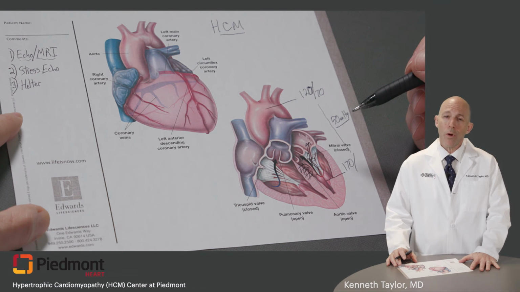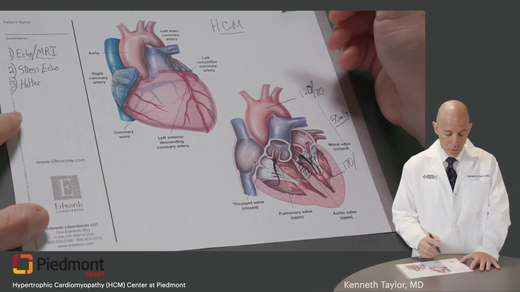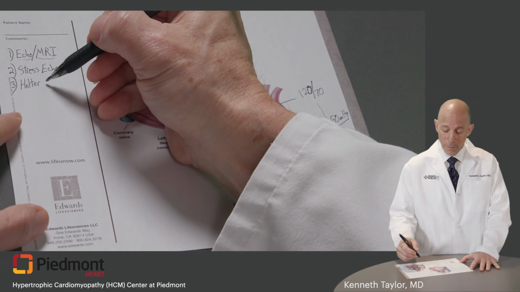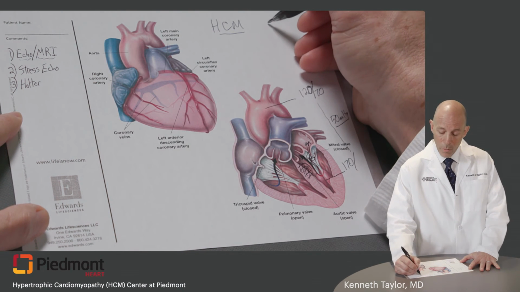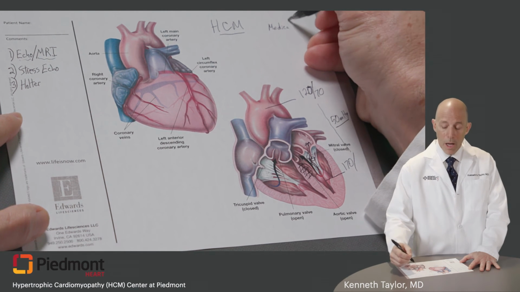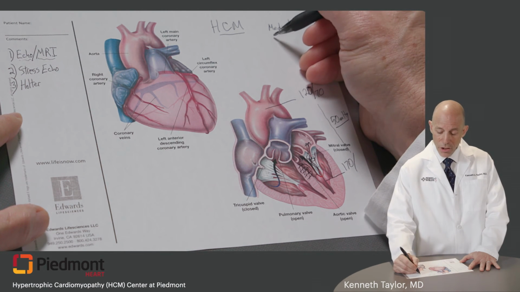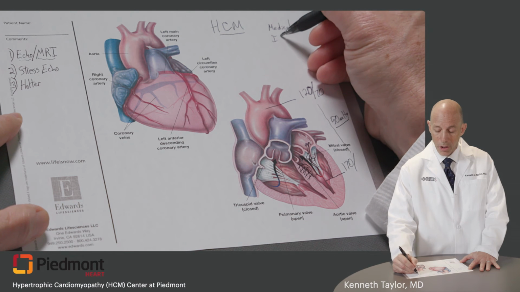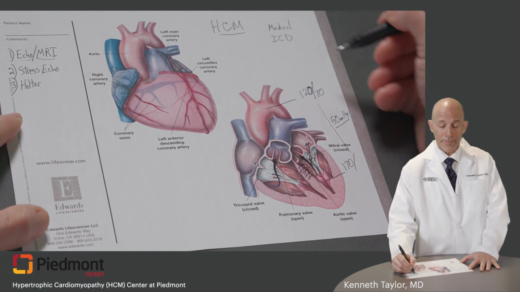The reason that's important is if your risk is found to be elevated, then in some patients with this disorder, we recommend defibrillators. So as far as therapy, we will talk about first medical therapy, and then potentially the role for something we call an ICD or defibrillator.